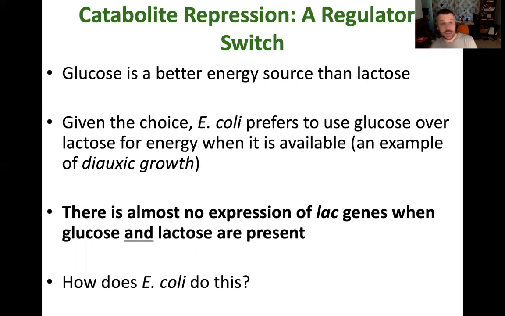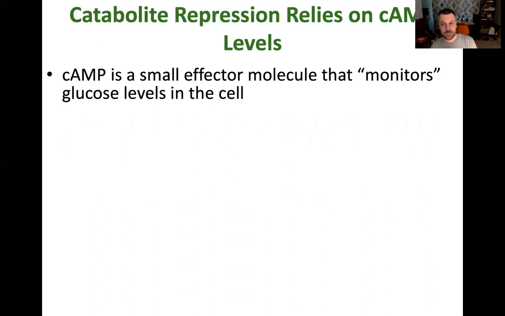So glucose is a catabolite. It's something that the cell can catabolize to live. So is lactose. But in this case, the catabolite glucose is going to repress the genes that are required for the metabolism of lactose. How does this work?